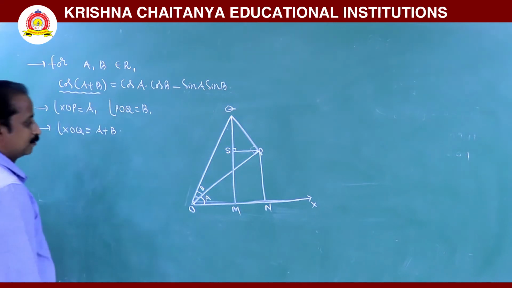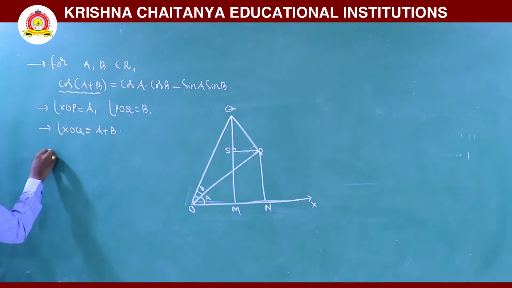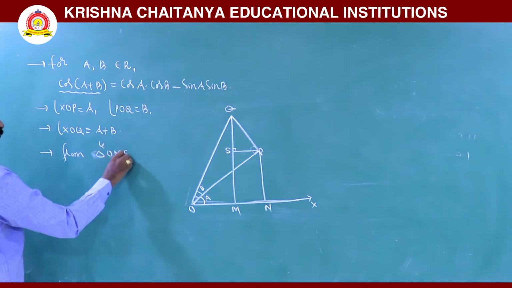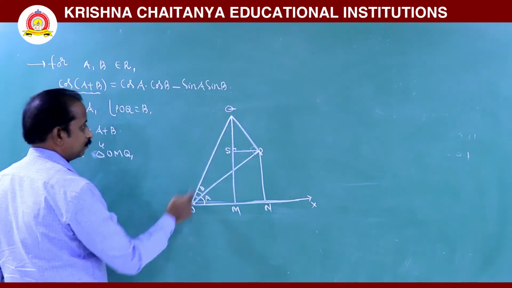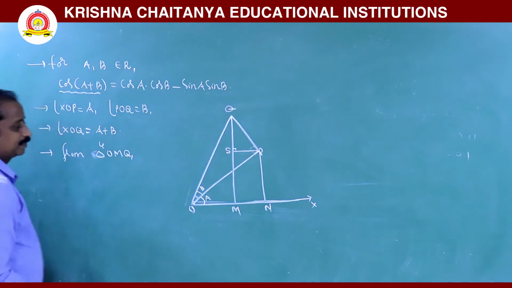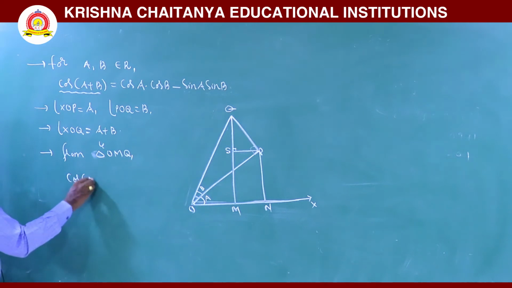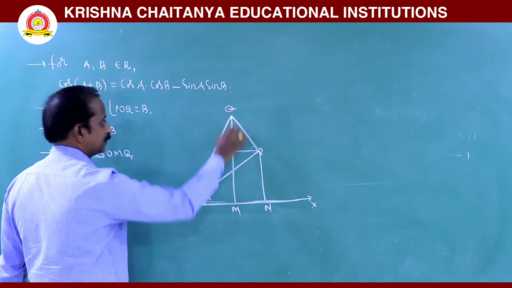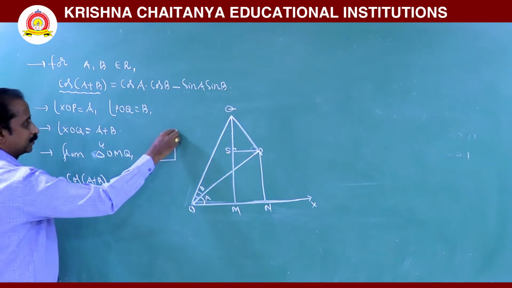So, that is why from triangle OMQ, the angle MOQ should be A plus B. Therefore, cos of A plus B. Here we can consider the triangle OMQ.